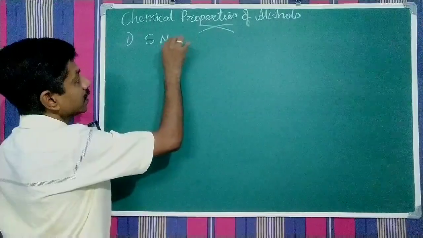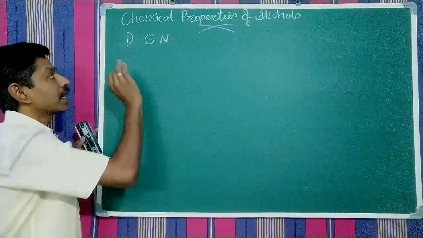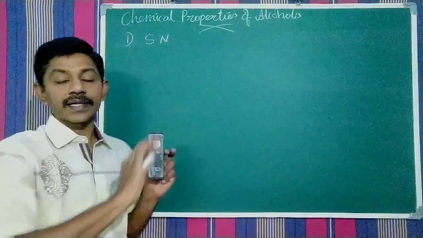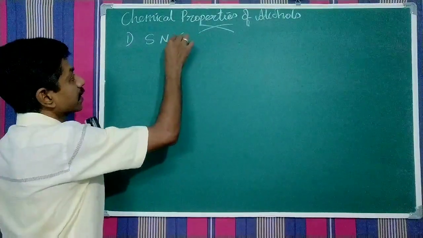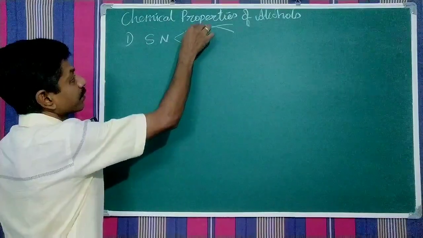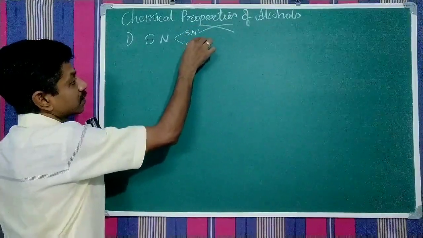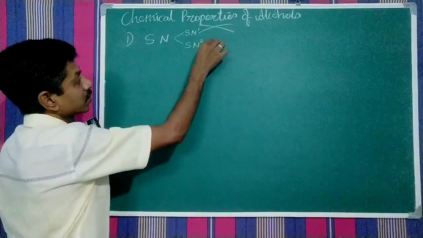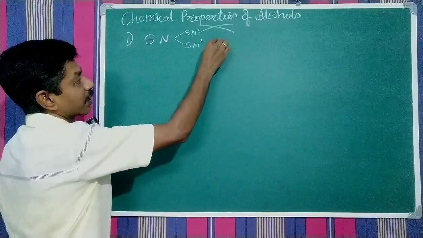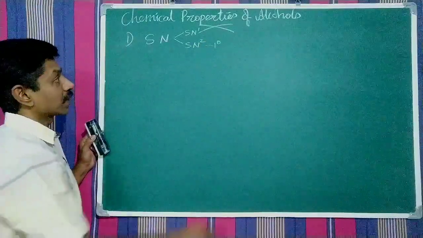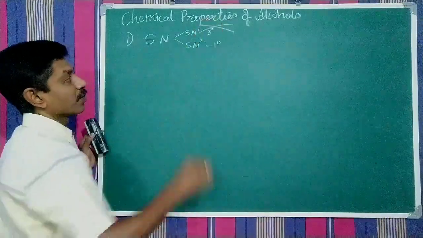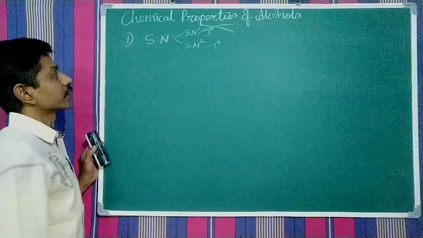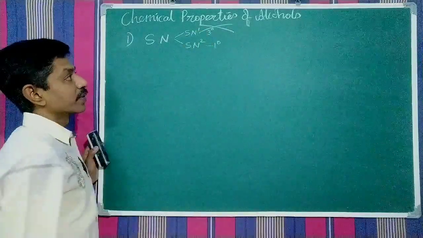Yesterday we learned that a nucleophile will come and one group will get substituted. SN type of reaction, and yesterday again we learned SN1 and SN2 type of reactions. For SN2 type of reaction we talk about primary alcohols, and SN1 type of reactions mainly we talk about secondary and tertiary. Similarly, let us go with this.